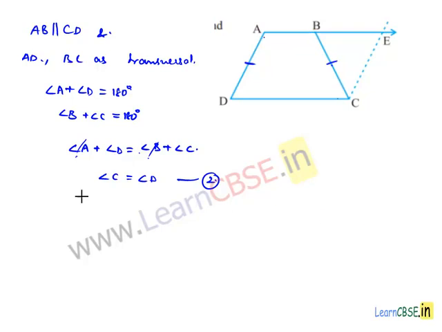In the third proof, he asked us to prove that triangle ABC is congruent to triangle BAD. In order to prove this, let us join AC diagonal and BD diagonal.